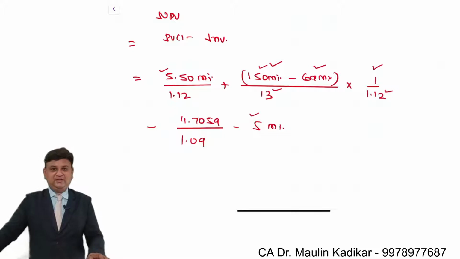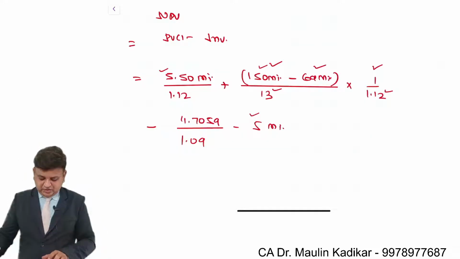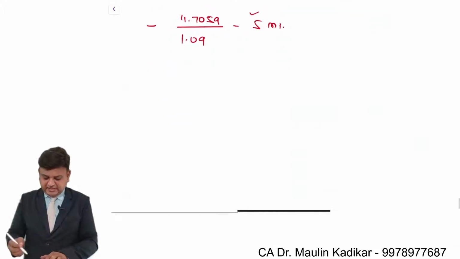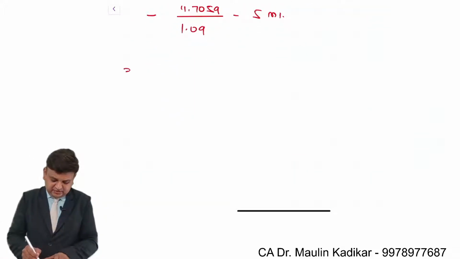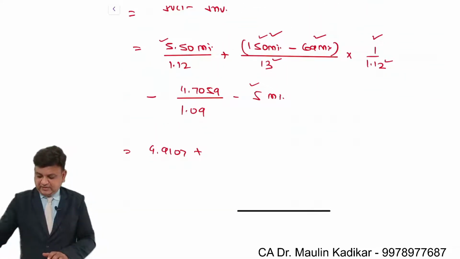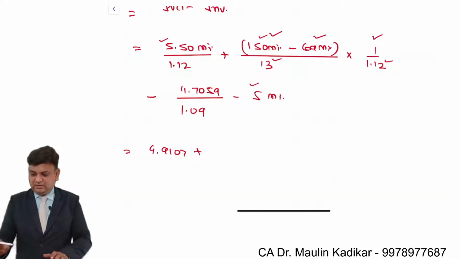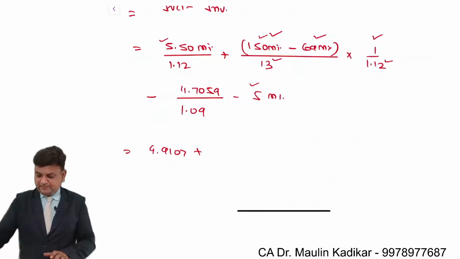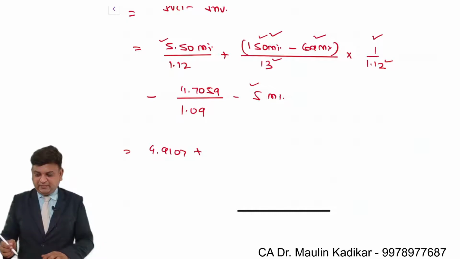for NPV. So 5.5 upon 1.12 comes to 4.9107, plus 150 minus 69, that is 81, upon 13, that is 6.2308, divided by 1.12, 5.5632.